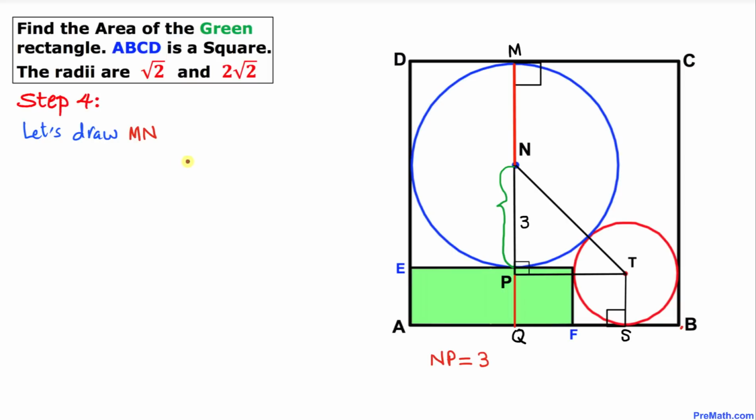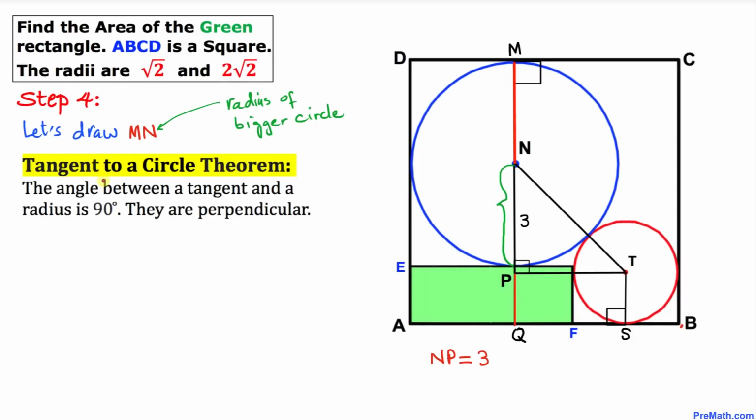Now in this next step, we are going to draw this line segment MN, you can see right up here. Then according to the tangent to a circle theorem, the angle between the tangent and a radius is always 90 degrees. That means they are perpendicular.